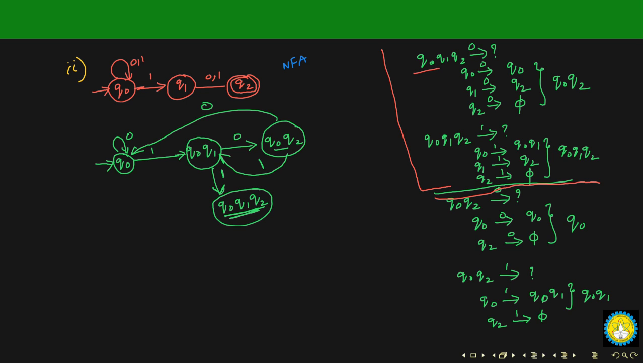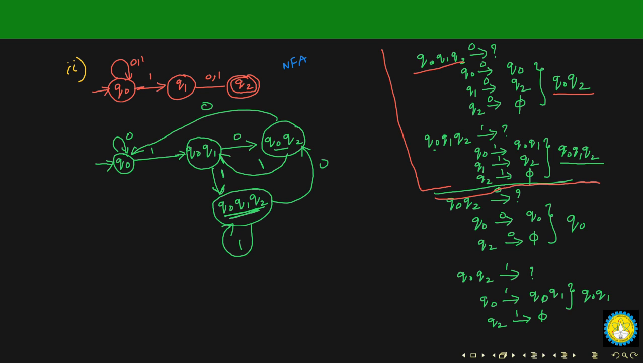So Q0 Q1 Q2 on 0, we got it as Q0 Q2. So we mark Q0 Q1 Q2's transition on 0 back to Q0 Q2. Similarly, Q0 Q1 Q2's transition on 1, we got it as Q0 Q1 Q2, so that goes to itself. And this is your DFA, right?